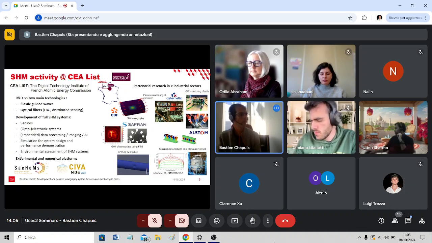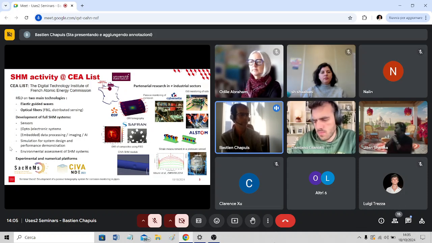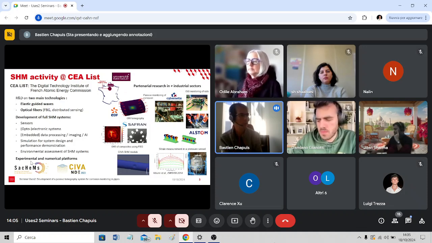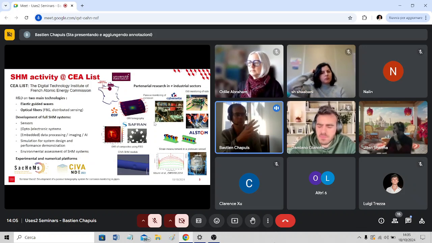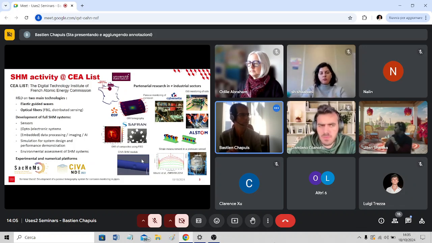Two other topics are used to qualify the system. The first one is performance demonstration, to demonstrate that we will detect targeted defects with our systems. Another topic, which I already mentioned during the previous meeting, is environmental assessment of SHM systems. You will see here some photographs, and we will see these applications in more detail in my presentation.